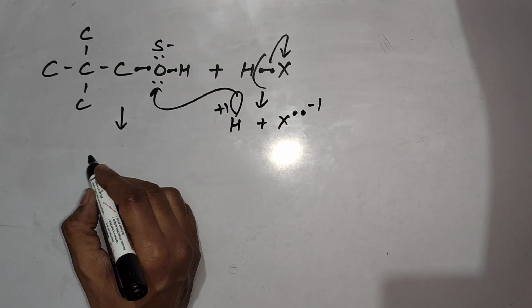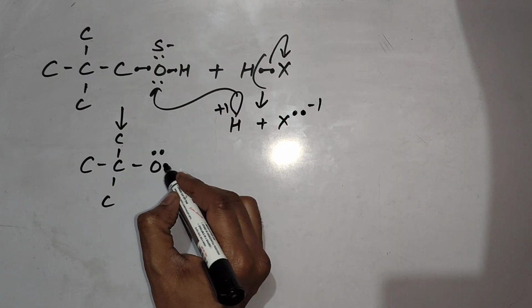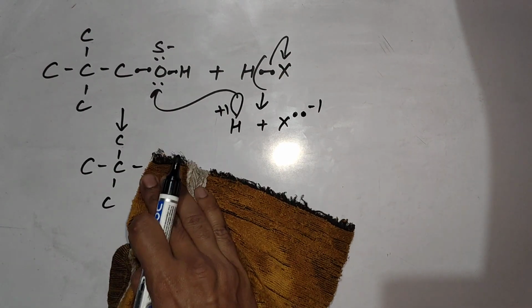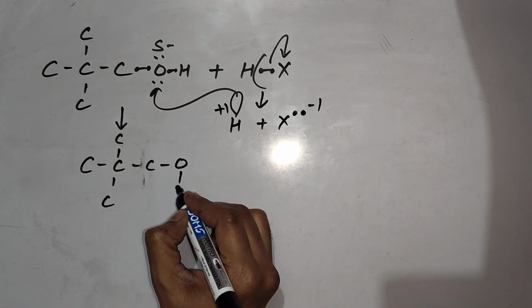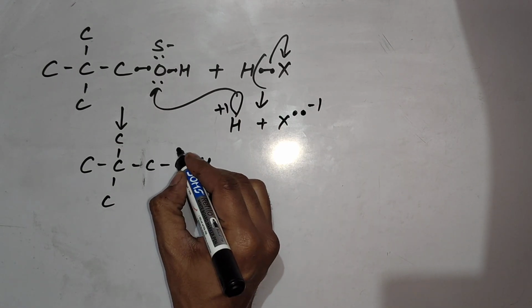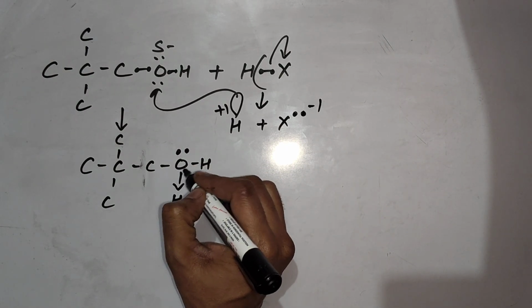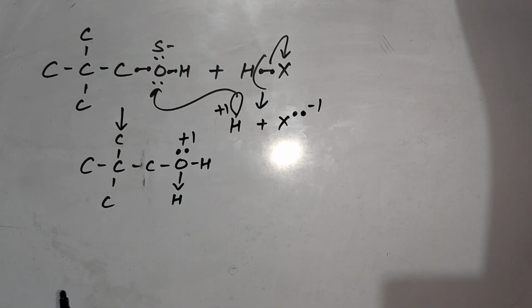Now between this H and O, a dative bond will generate. And we also know if oxygen is making a third bond, the dative bond, it will carry a +1 charge.